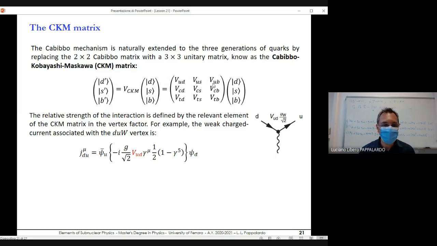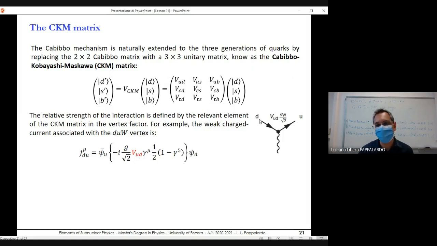Now, when calculating the current, we have of course to include the probability, which depends on the different combinations of transitions between quark families. So essentially we have to put into our vertex factor the proper matrix element of the CKM matrix.